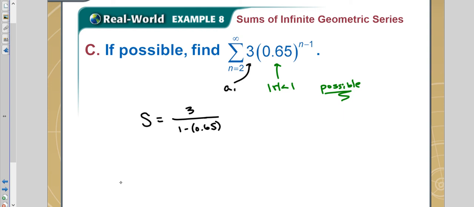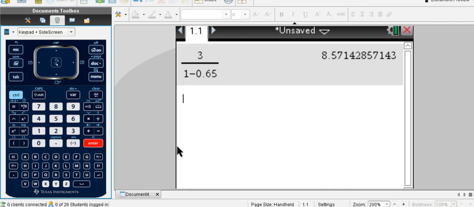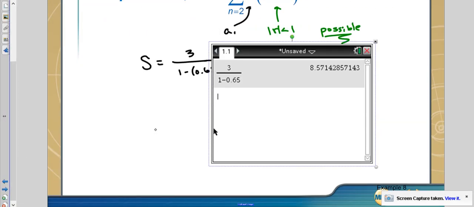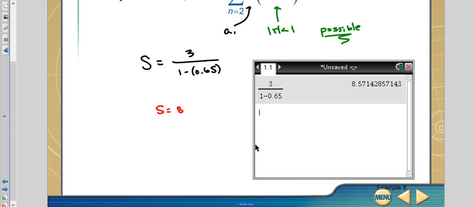And so we type this in the calculator. 3 is the first term, and this is 1 minus 0.65. And so we'll take this, screen capture that, move it over. And so if we're not careful, we'll think the answer is 8.57. I'll round to the nearest hundredth.